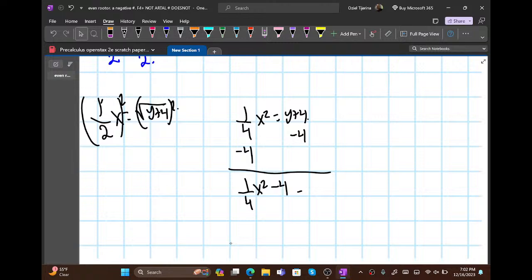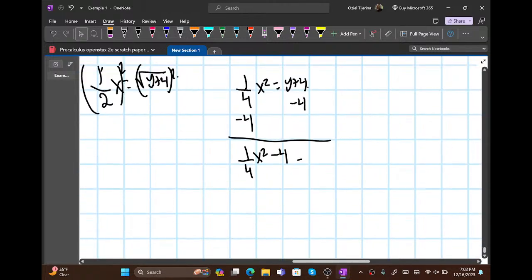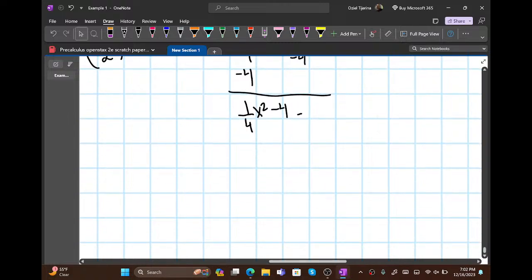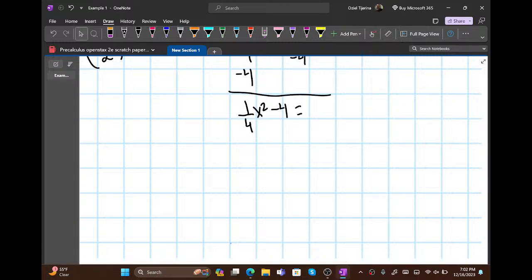You said subtract 4, then complete the square. Are you sure about that, though? Oh, I see what you did. If I make it equal to 0, I'm going to say x squared minus 16 equals 0.